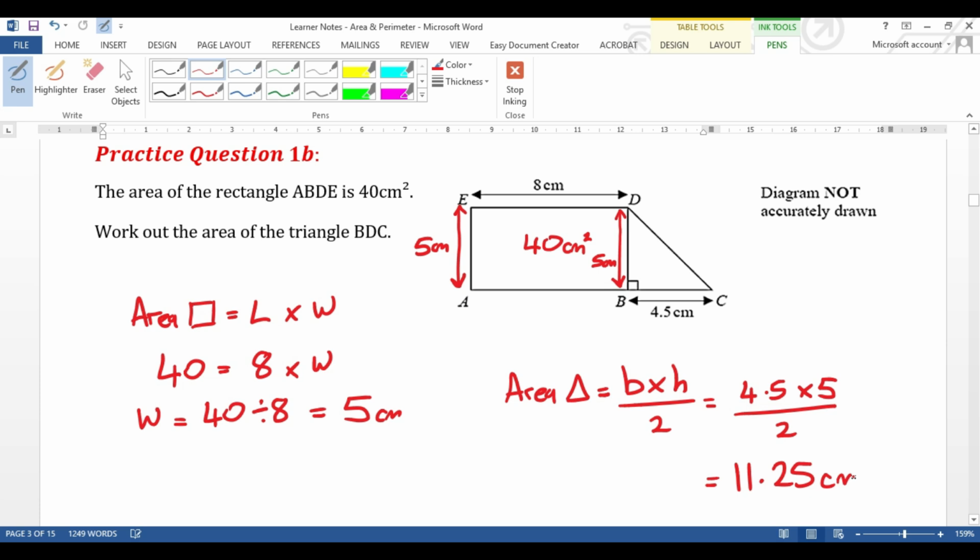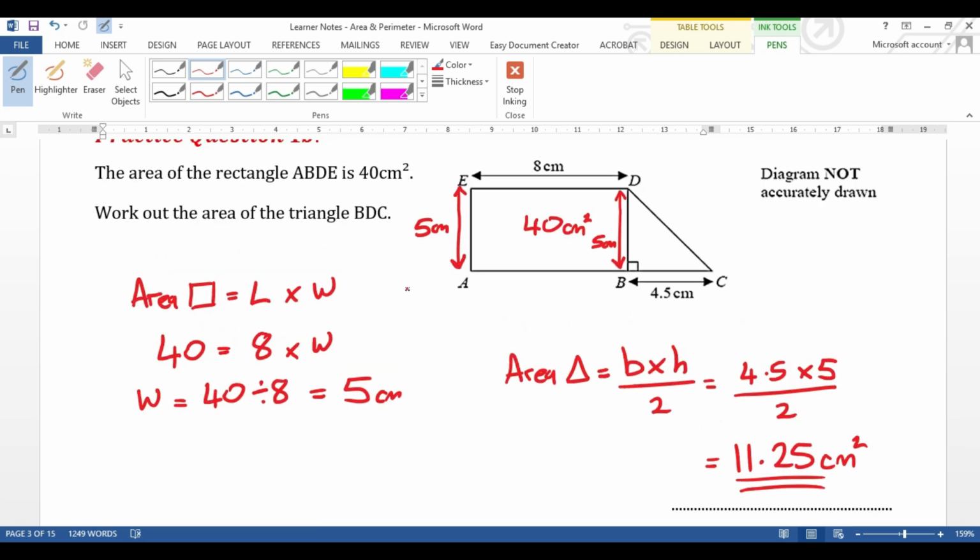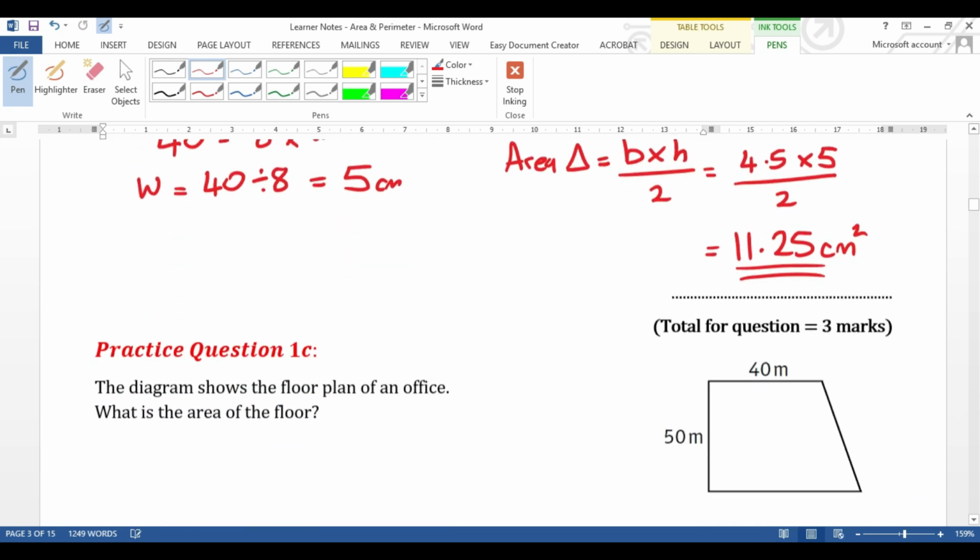That's going to be centimeters squared. Yep, and there's your final answer. Yeah, just be careful. So if they tell you the area in the question, you're going to have to work backwards to work out one of the lengths in this case. Yep. Well, let's have a look at 1C.